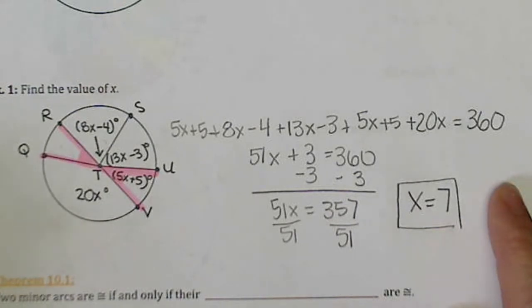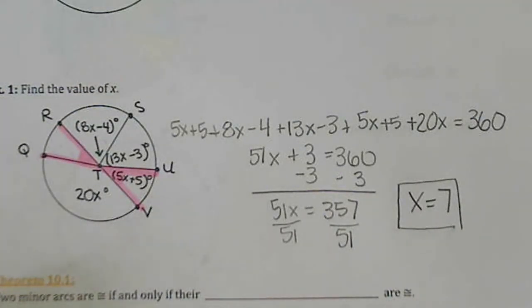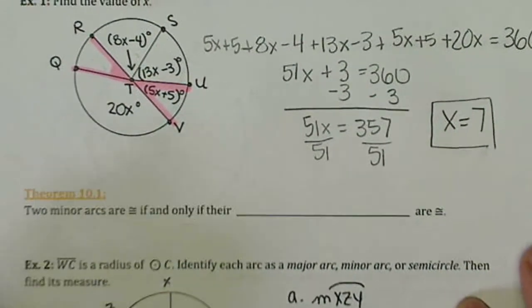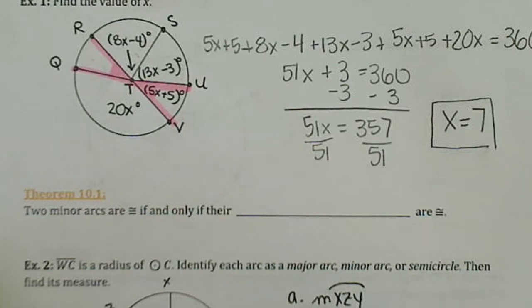But if it asked me to find the value of each angle, I could just substitute it in and find out each one. You're going to start seeing theorems again, and I know that you're going to love the fact that we're going back to doing a few proofs. I said a few, not a lot. So we have one of our theorems. It talks about minor arcs. An arc is a piece of the circle.